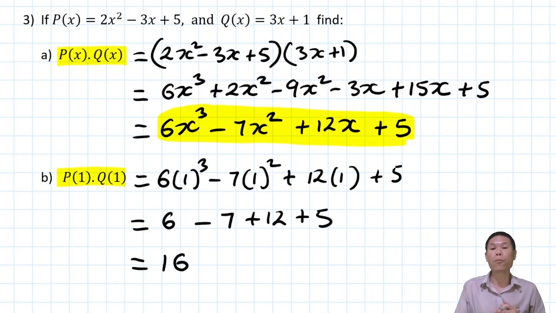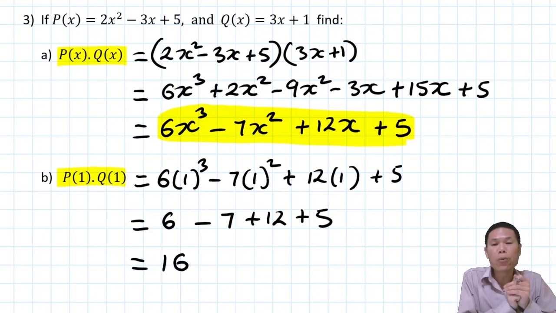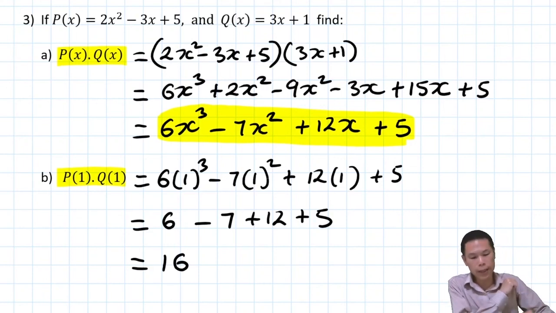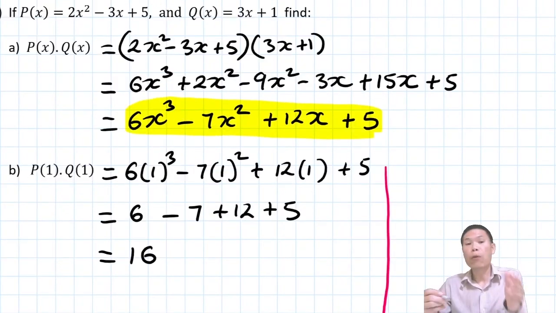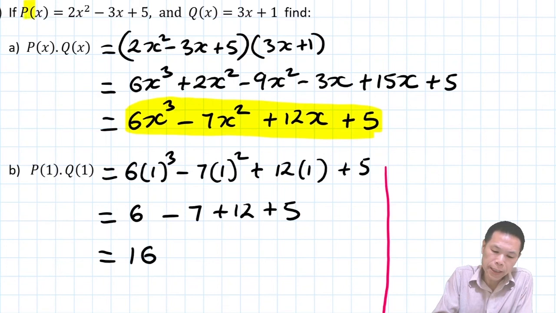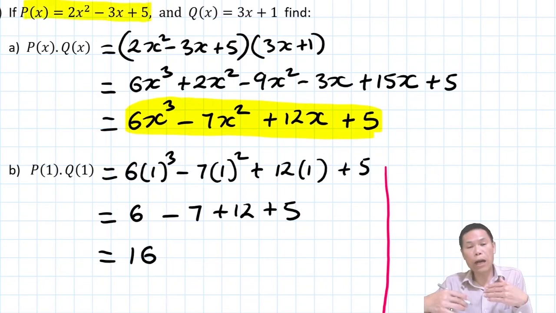There you go. Now, otherwise, what you can do is find p of 1 and find q of 1, and then we multiply together and you should get 16 as well. Let's try it, okay, to see if we get it. Now we have p of x is this, so we just work out p of 1 first.